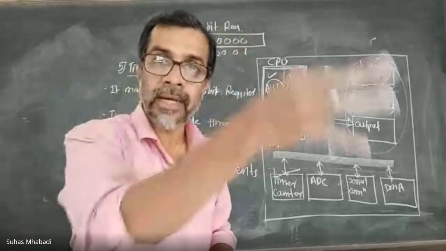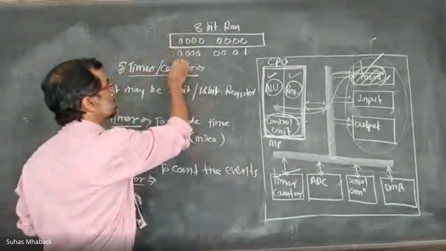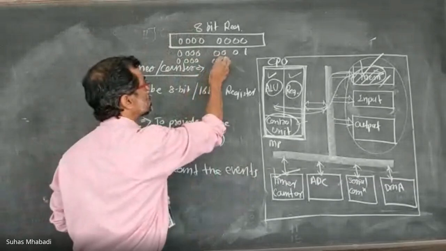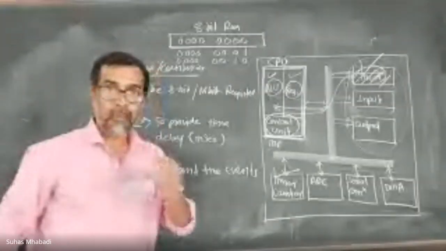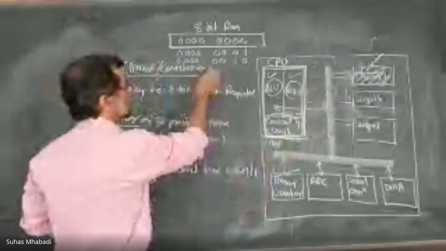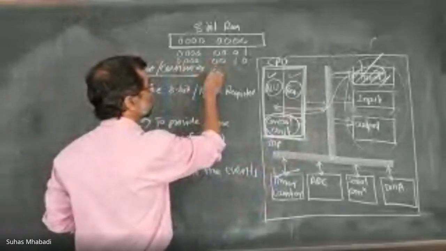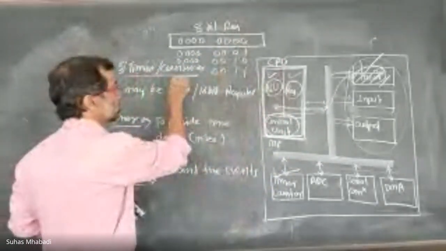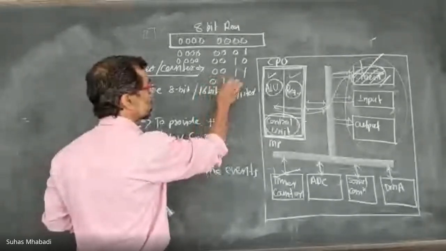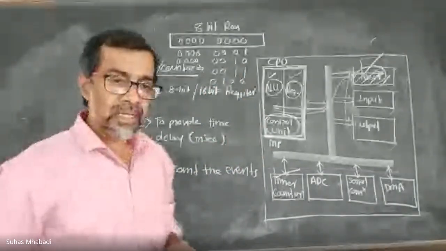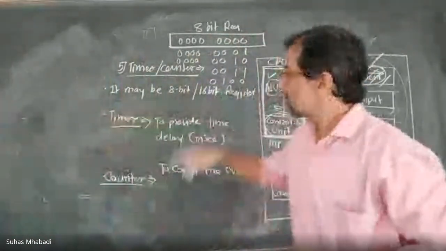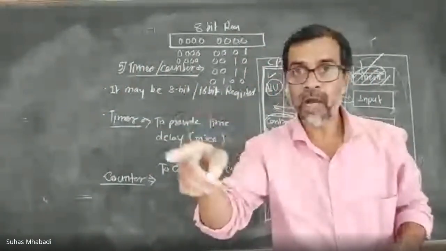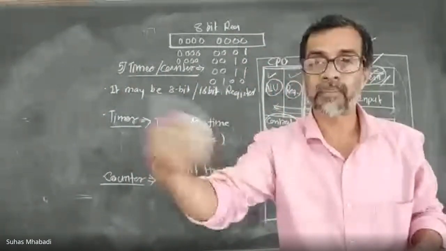Object number 2 has passed: 0 0 0 0 0 0 1 0. Object 3 passes: 0 0 0 0 0 0 1 1. Object 4 passes: 0 0 0 0 0 1 0 0. Likewise, when every object passes, this increments by 1, plus 1, plus 1, plus 1.